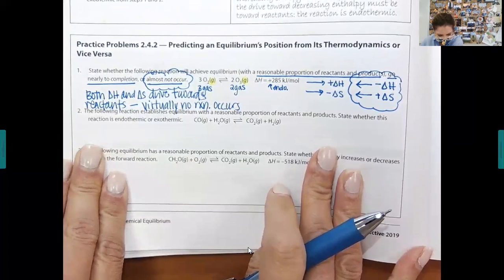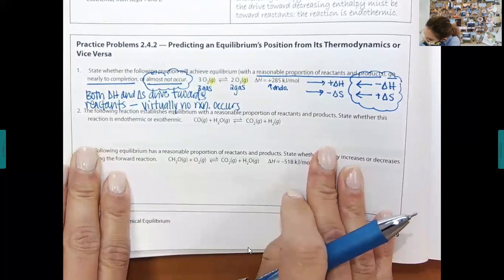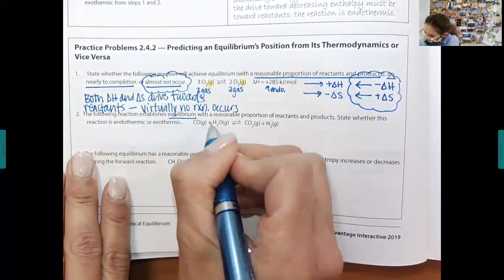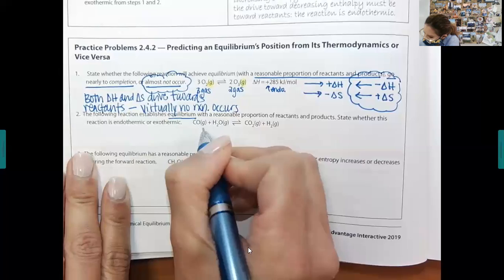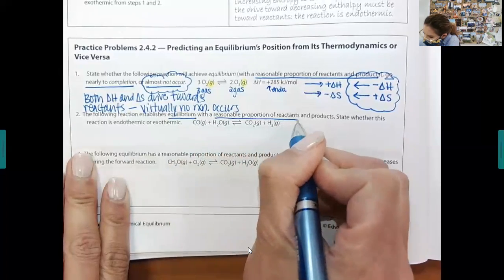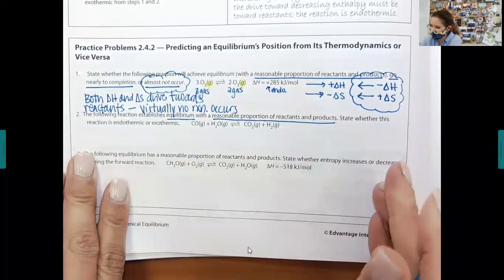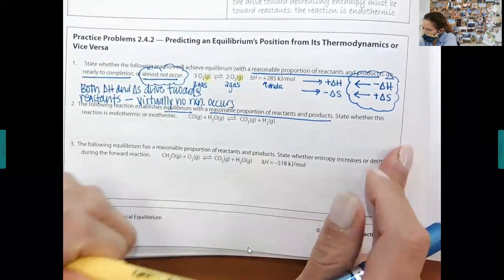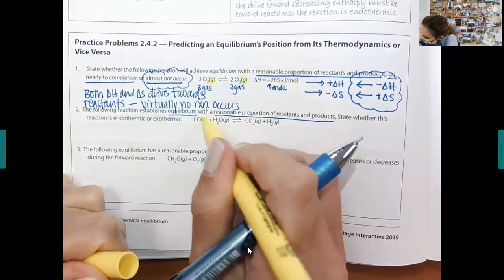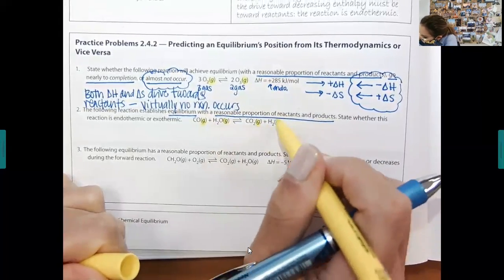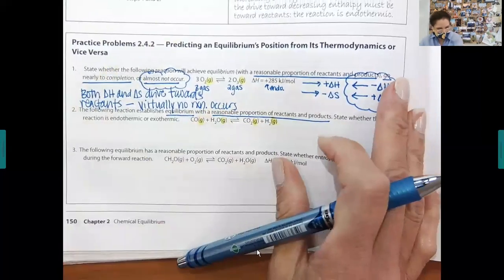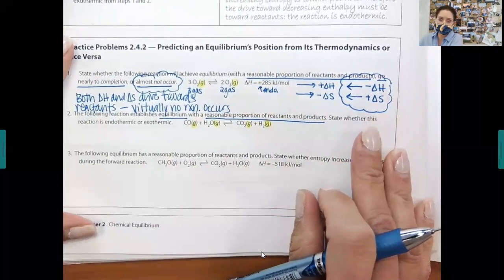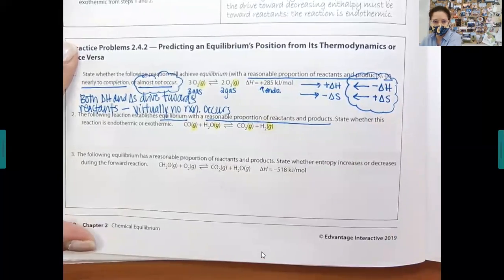Okay, now for number 2, this reaction at equilibrium has a reasonable amount of reactants and products, and they want us to state whether this reaction is endothermic or exothermic. Okay, so let's take a look first at the states of matter, and then we need to look at the previous page to figure out which one of those categories we're looking at.